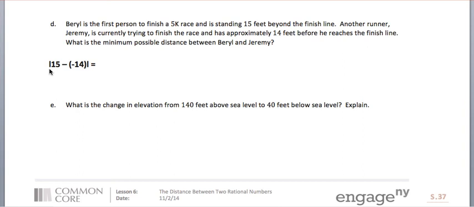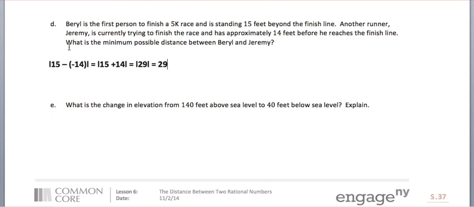Using the distance formula, we then set it up as 15 minus negative 14, and then we'll continue with the formula, changing it to addition. 15 plus 14, since we have to add the inverse. Both numbers have the same sign, so we will add their absolute values and keep the sign, and the absolute value of 29 is 29.